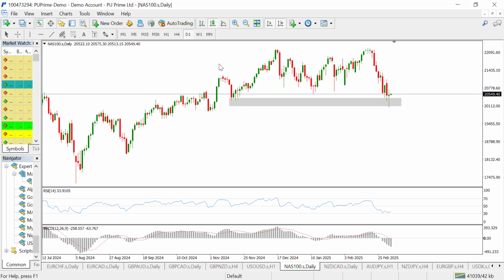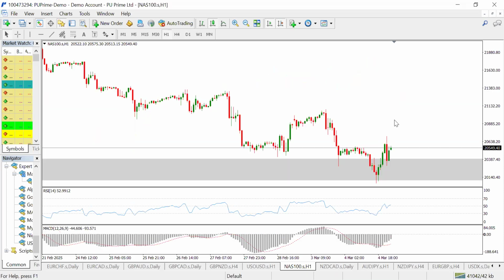So just like the US oil, we go down to 1 hour time frame, and we can see an inverse head and shoulder, which is expected to trigger price into the bullish direction.